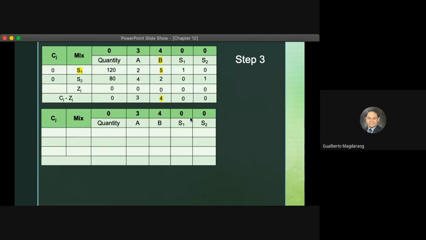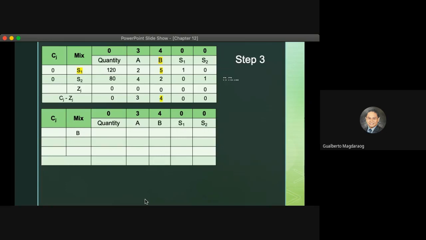So, let's construct again our tableau, the second tableau. Okay na tayo sa mga headings, the same. At this point, from S1, gagawin nating B. Replace it with B. Okay?